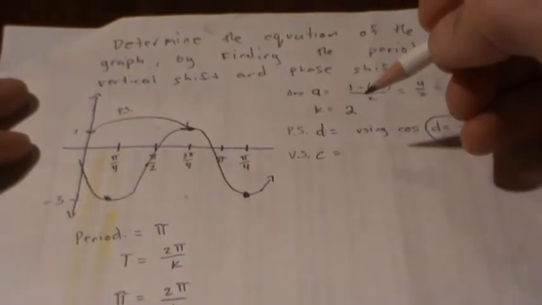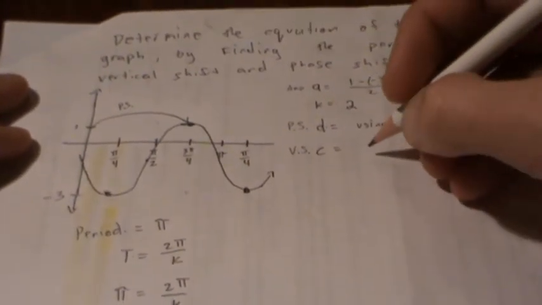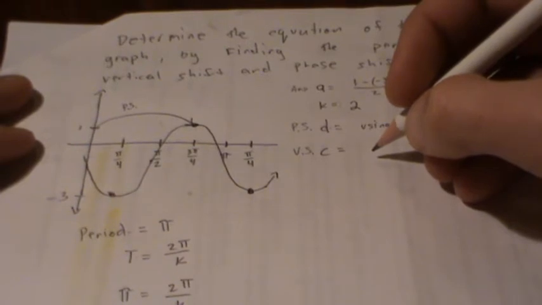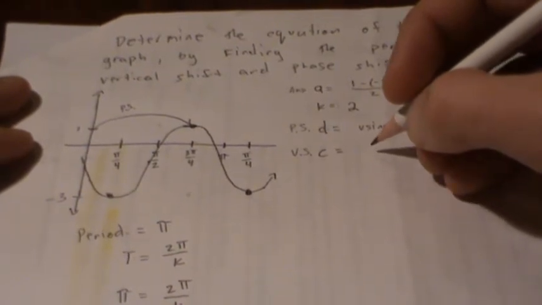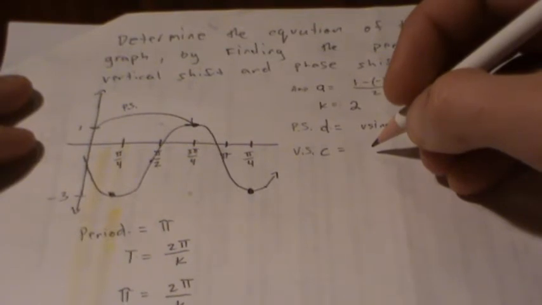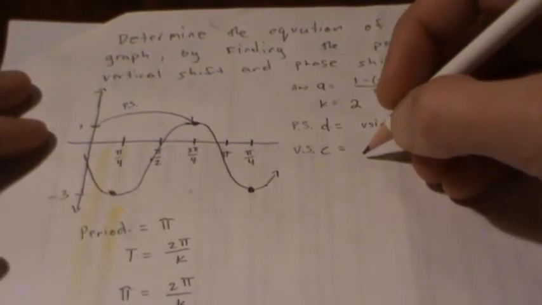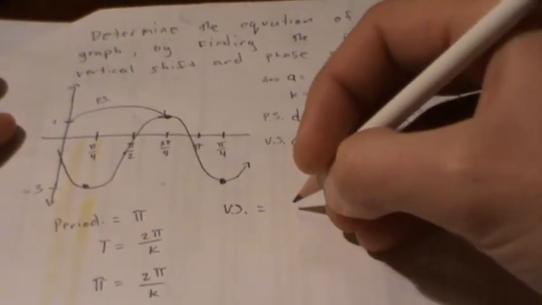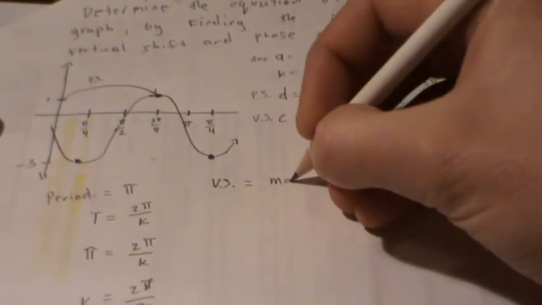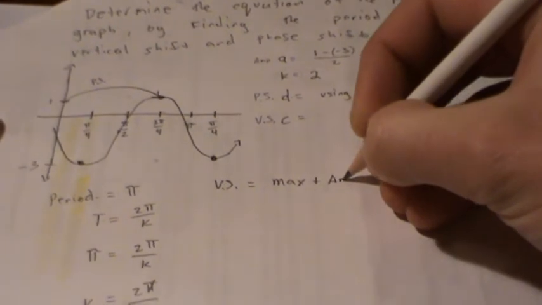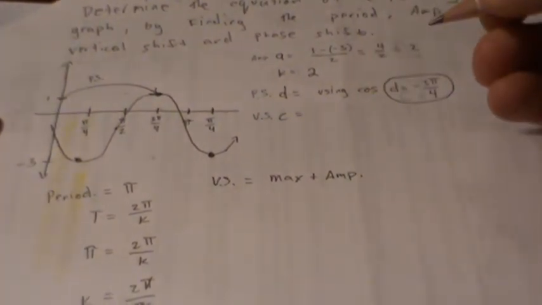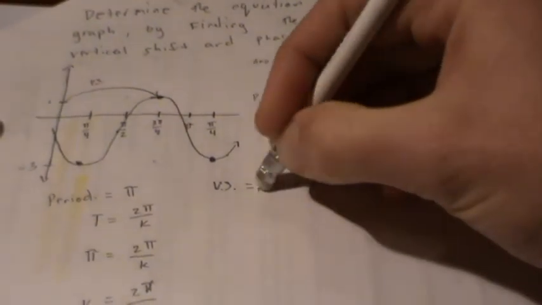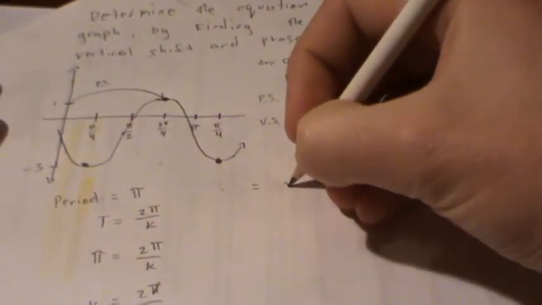Okay, now for the vertical shift. Remember that the maximum is equal to the amplitude plus the vertical shift. So for the vertical shift, I'm going to use an equation. Sorry, let me change that. That's actually not true.